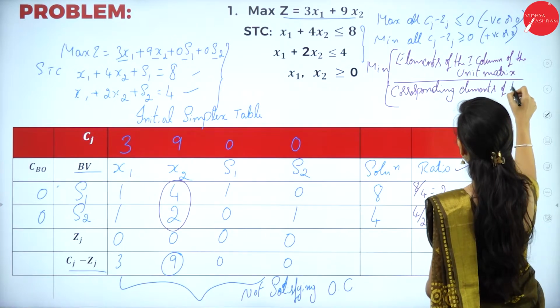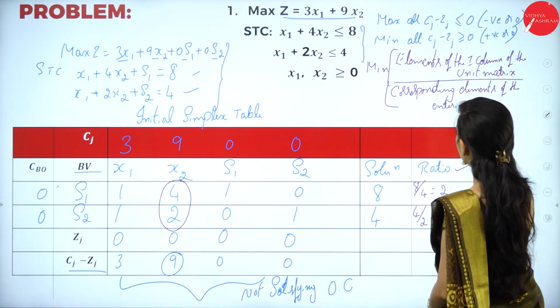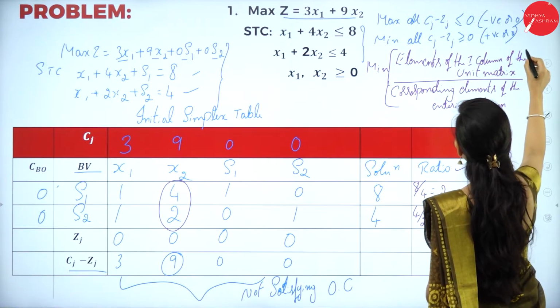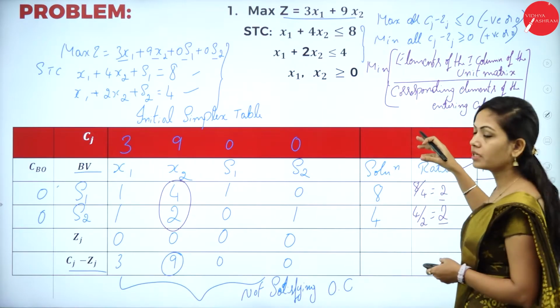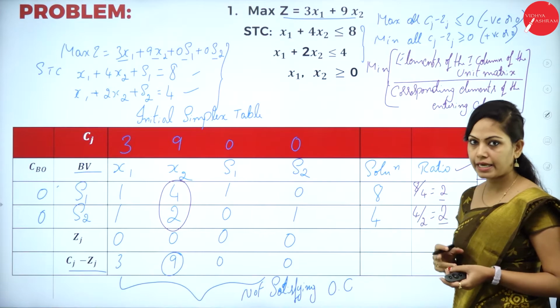So this is the formula for finding the least positive value when we get degeneracy in LPP.